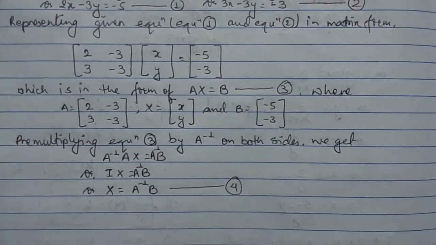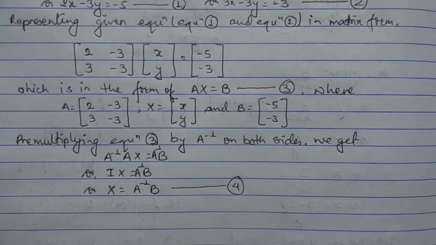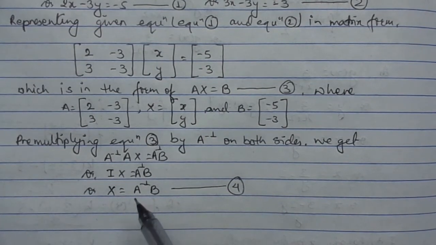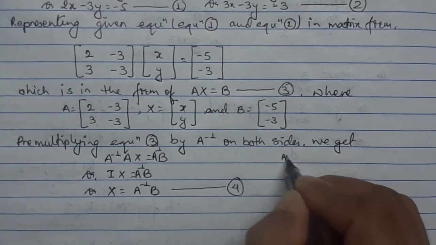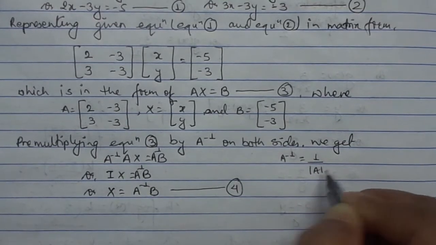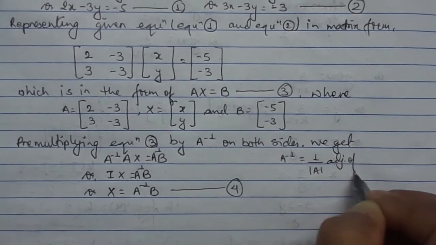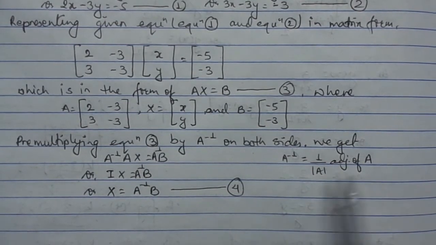It will be quite easy to solve if you denote the expression or relation in the form of an equation and name it. Now, in order to find the value of X, we need to find the value of A inverse. B is already given. The formula to find the inverse of any matrix A is 1 upon determinant of A into adjoint of A. So to find A inverse, we need to find the determinant and adjoint.